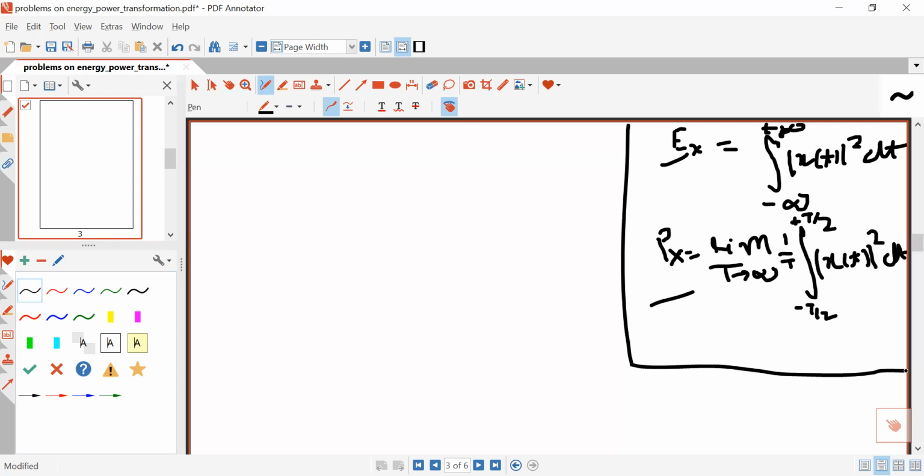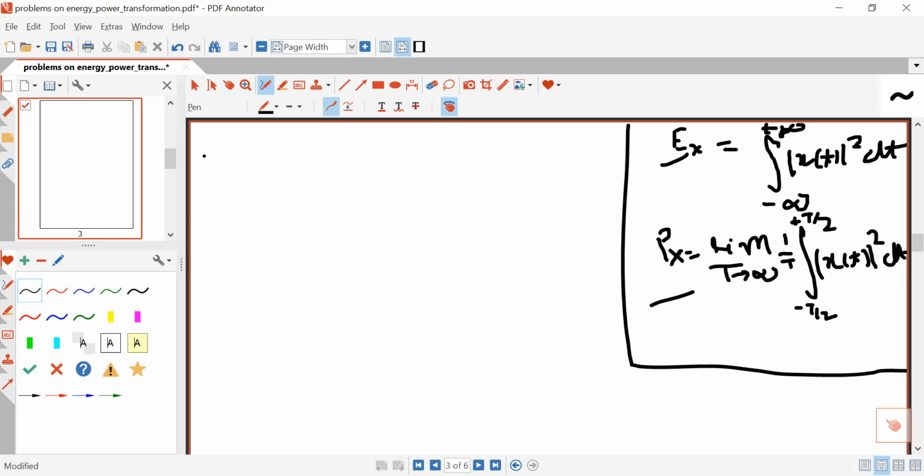So you must remember these two formulas to get energy and power of a signal, and by the result you can decide whether the signal is a power signal or an energy signal. A signal will be an energy signal if energy has finite value and power is zero, and a power signal if power has a definite value but its energy is infinite.